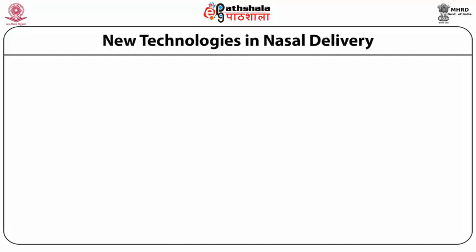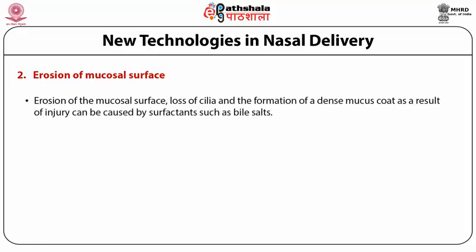There is another technique referred to as the erosion of the mucosal surface, which can be very successfully employed for delivery of the drug transnasally. Erosion of the mucosal surface, loss of cilia, and the formation of a dense mucus coat as a result of injury can be caused by surfactants such as bile salts.